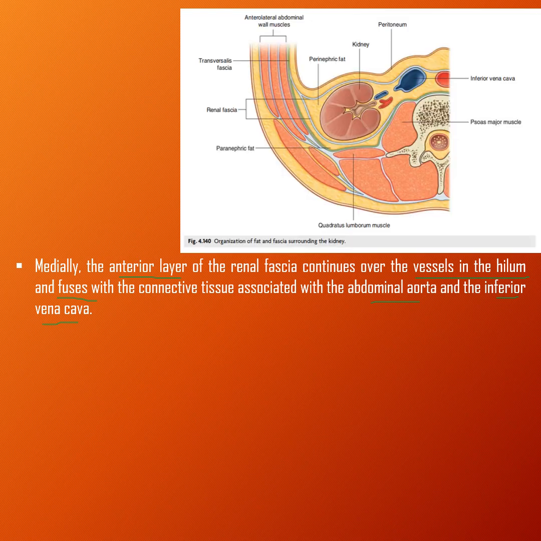As you can see in this image, this is the kidney and it is covered by a renal capsule like this, and immediately after that there is a condensation of the perinephric fat. This is the perinephric fat.